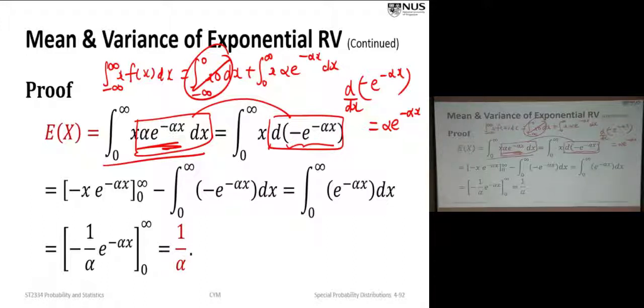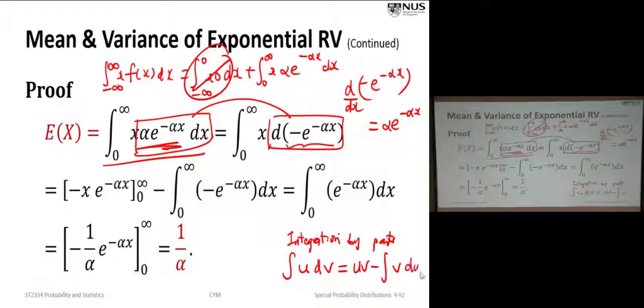Then we apply integration by parts. The name is not important. Basically it's saying that the integral of u of x dv of x is equal to uv minus the integral of v du. So this is my u of x, this is my v.